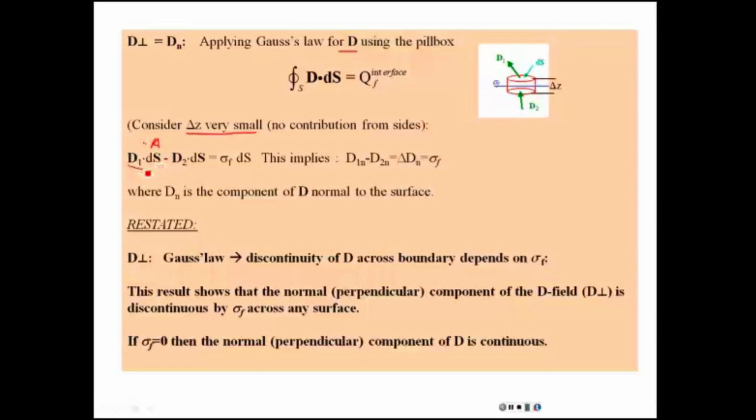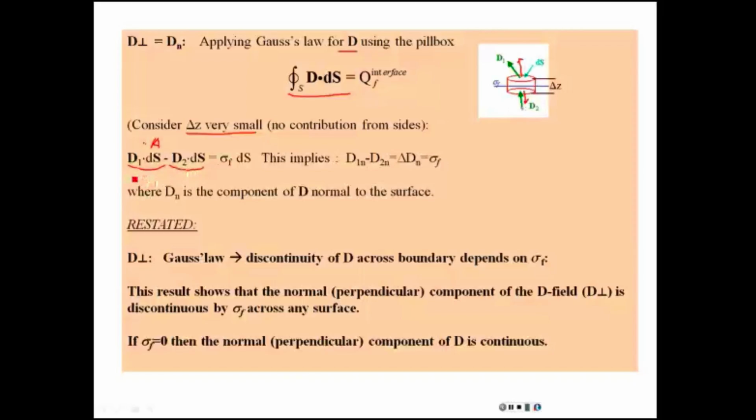Then the dot product of D1 times this minus this dot product is giving us the total integral here. Now why the minus sign? If you look at the surface normal, it's this way for this surface and it's this way for this surface. So for D2 you have to put in a minus sign because of that opposition of the directions.